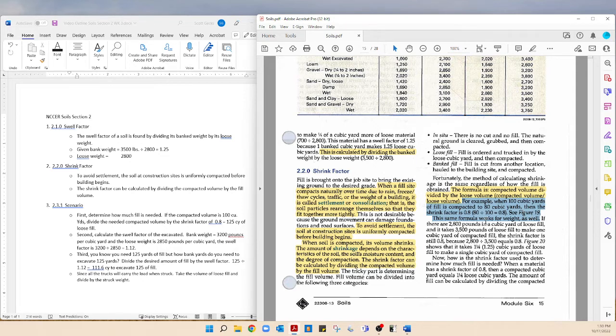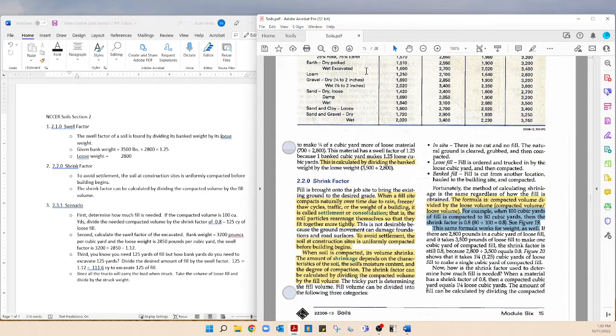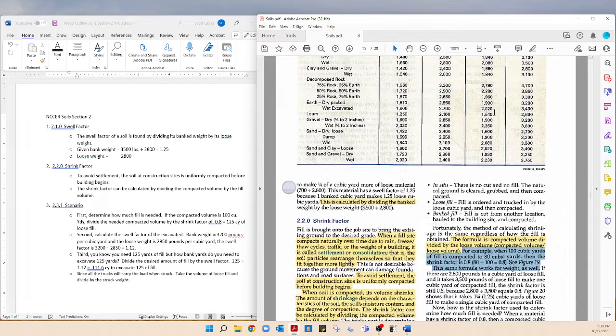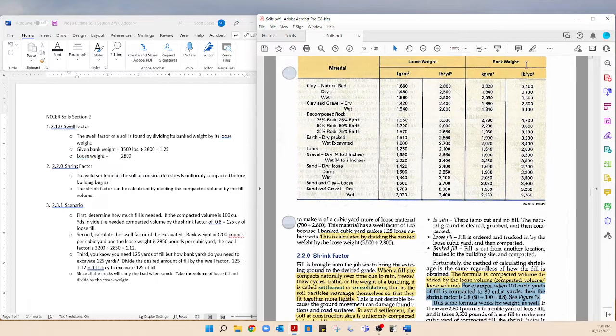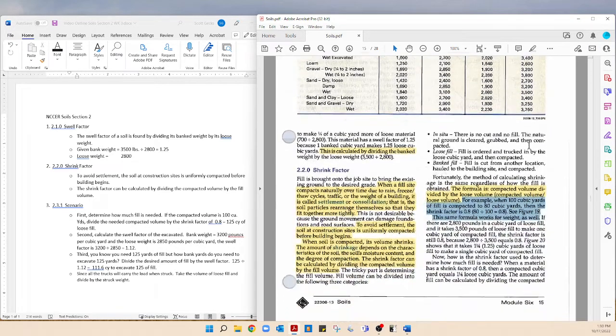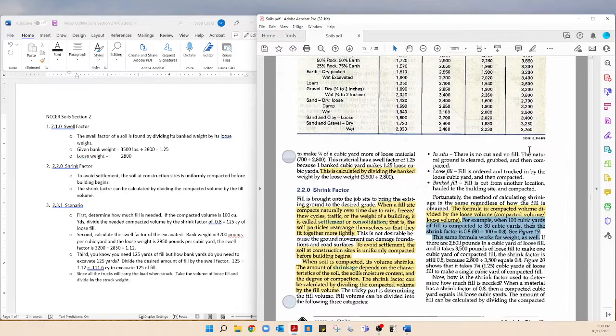So the same formula works for weight. In other words, we talked about cubic yards here, but the same formula works for weight. Here's the loose weight up here, and here is the bank weight. So you could take the bank weight and divide it by the loose weight. The loose weight is fill.